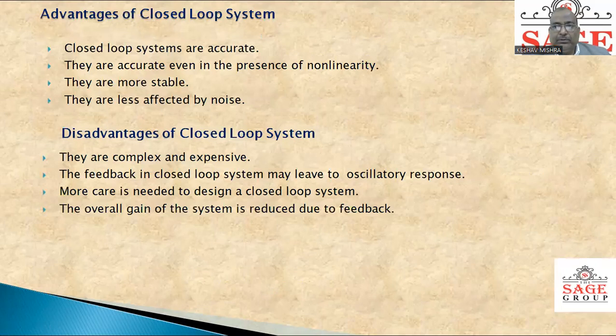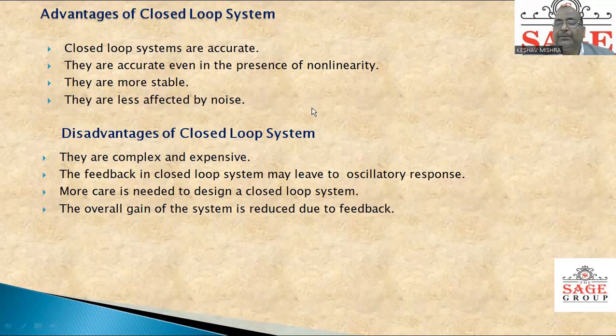We can also discuss the advantages and disadvantages of the closed loop control system. Additional components are used as compared to the open loop system, so definitely system cost will increase, and that will also result in an increase in complexity.